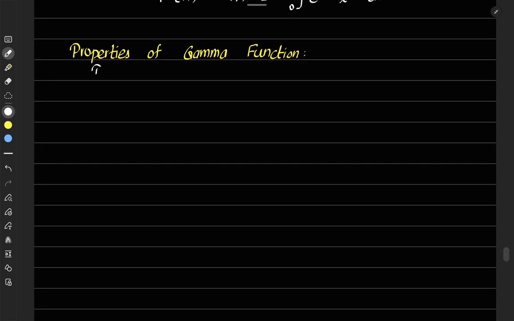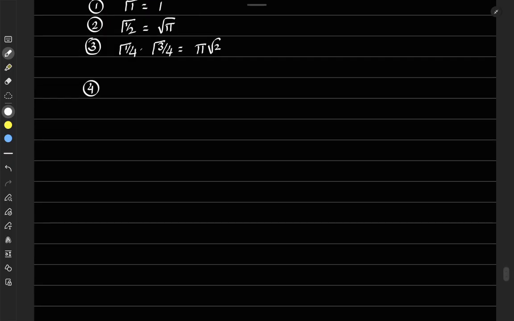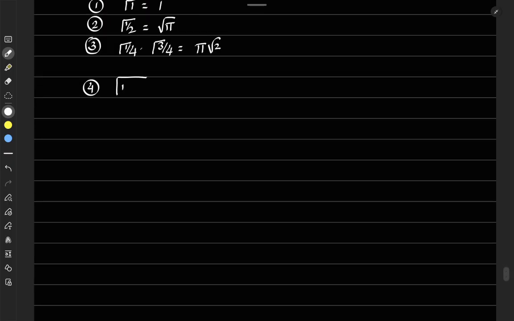So the first basic property we have: gamma 1 is equal to 1. Then the next one, gamma half. These are some values that we need to remember. And the third one, gamma 1 by 4 into gamma 3 by 4 is pi root 2. Then one more important property, because of which we call the gamma function the generalized factorial function.